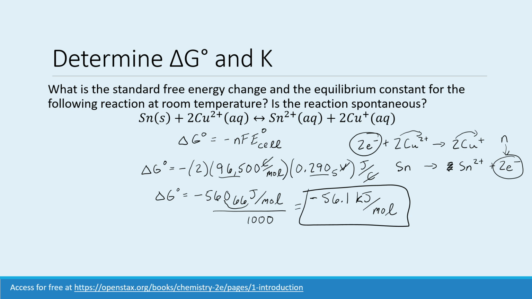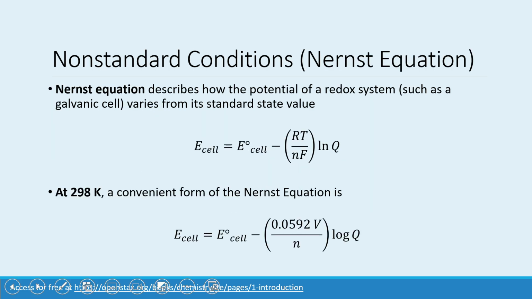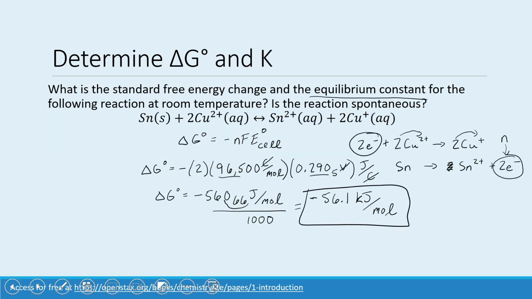Okay, so we have found the standard free energy change, and then they also want us to find the equilibrium constant. So I think that it is easiest to use the equation that you have for the relation between Gibbs free energy and the equilibrium constant.